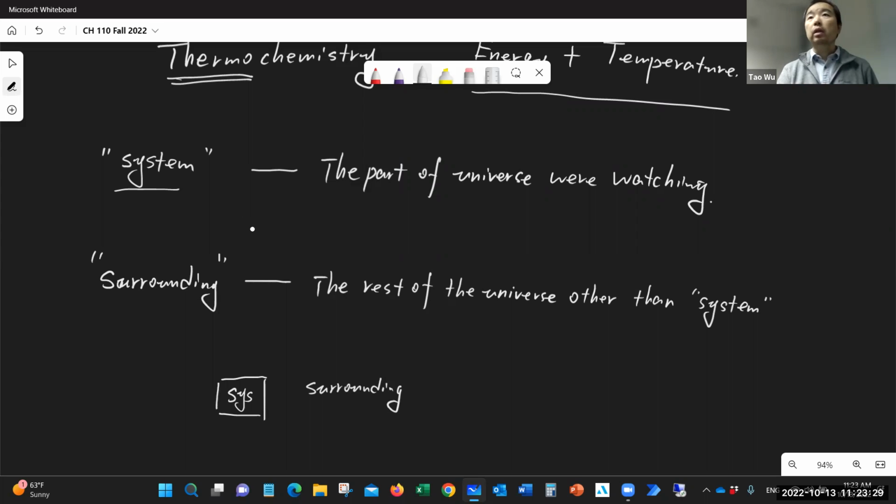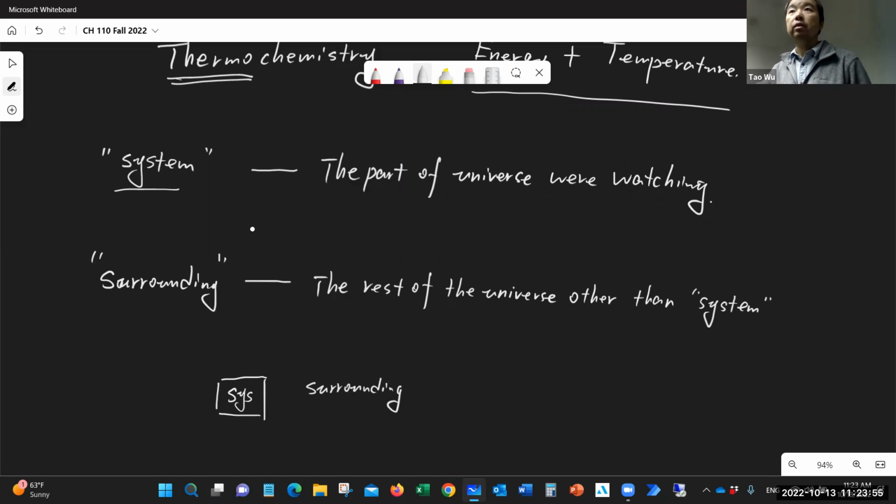Generally, that is how people define system and surrounding. Or if we want to observe what chemical reactions happen inside this room, we assume this room is the system. The rest of the others, not just this building but the whole world, the whole universe, is called the surroundings. What you're watching is the system.